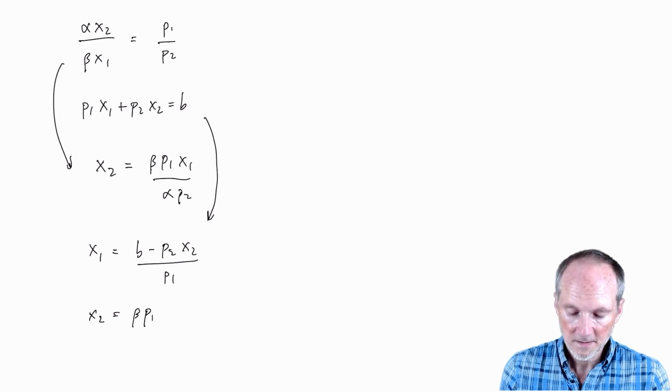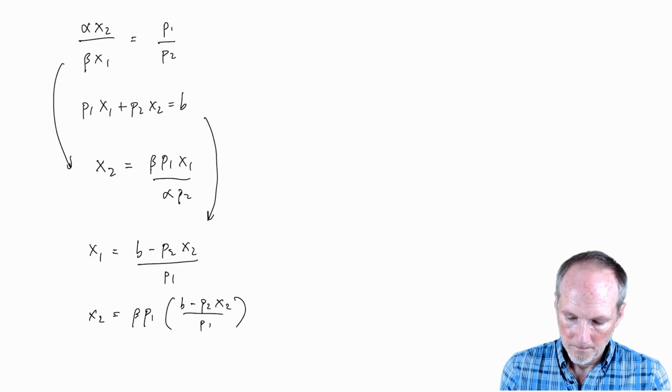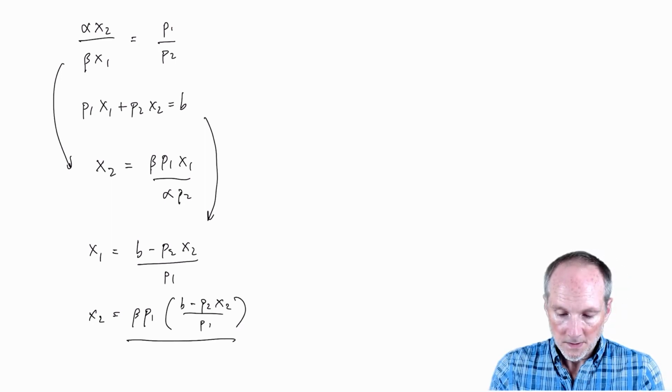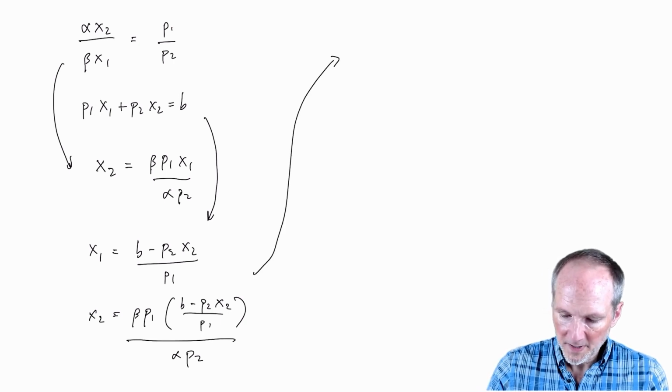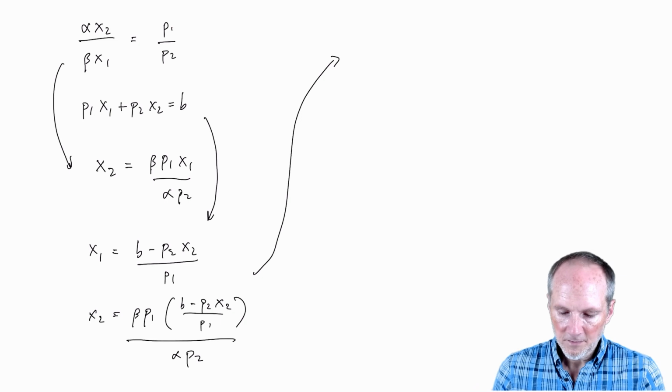But x1 is equal to this. So x2 is beta p1 x1 divided by alpha p2. All right. So now let's go up here and let's just solve this thing for x2.